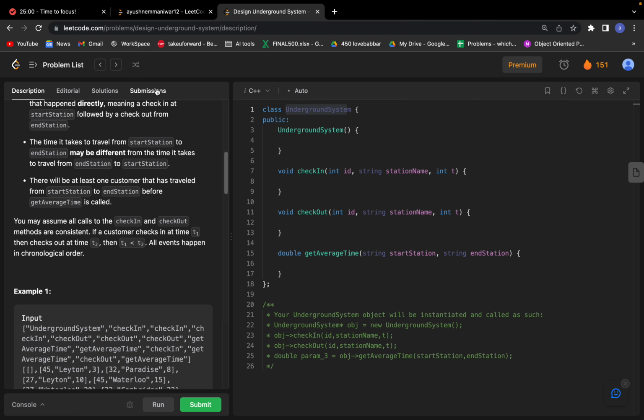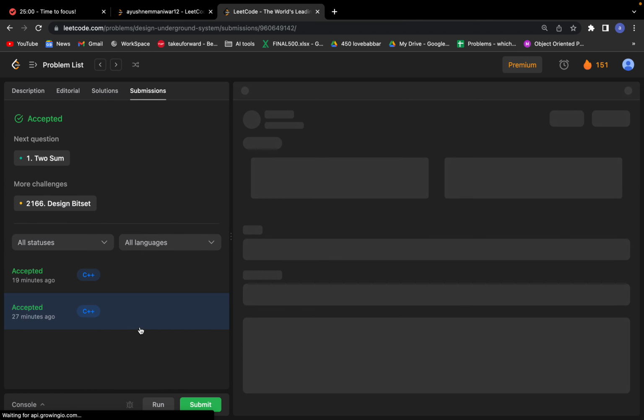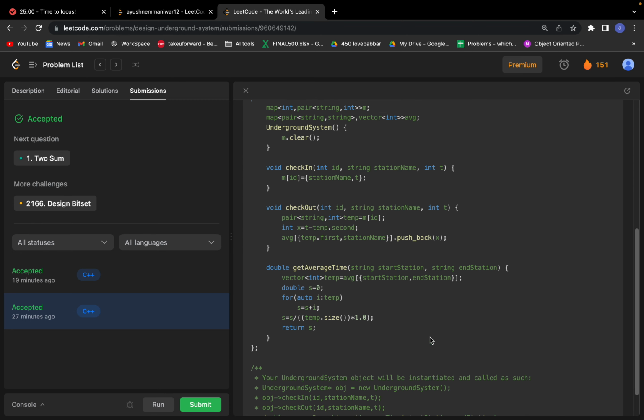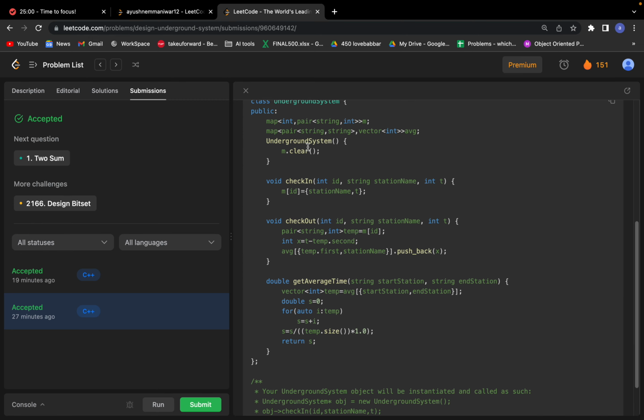I have submitted it. I will explain what my approach was. You can see here underground, and I am declaring a map where I can store check-in time and checkout time, and there is an average. Map of ID, station name and time.